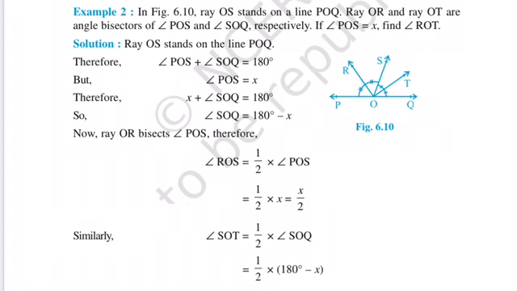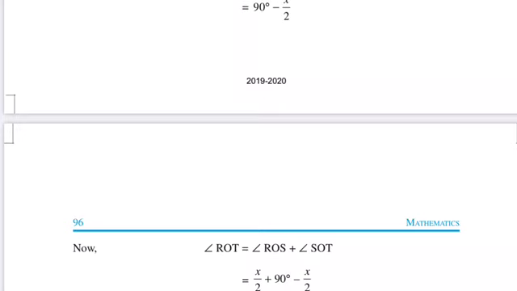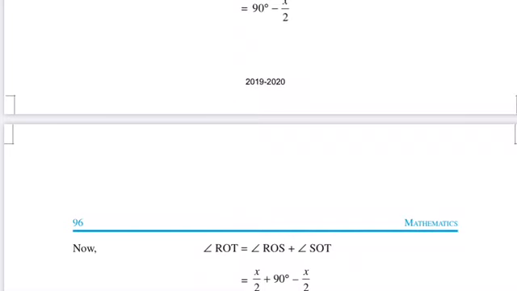For this 90 minus X by 2, you just look further. Now this is 90 minus X by 2. And from the figure you can conclude one more thing. You have to calculate the value of angle ROT.